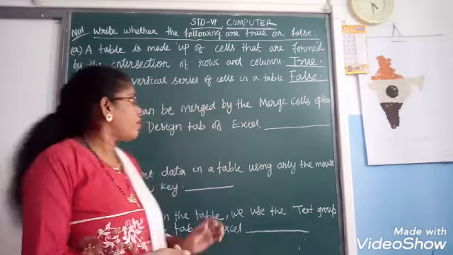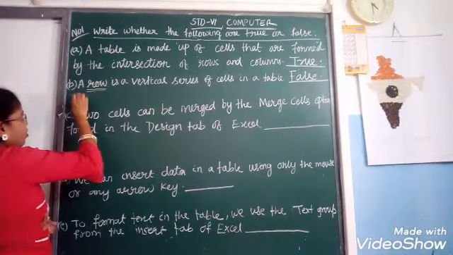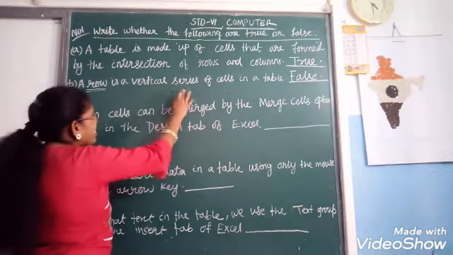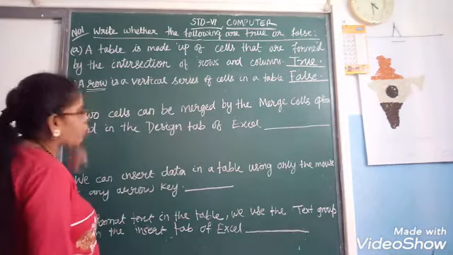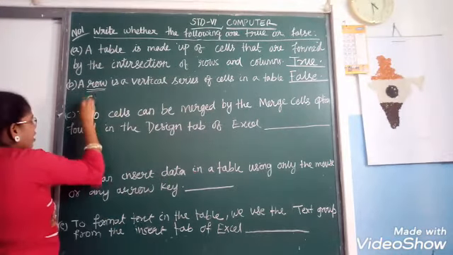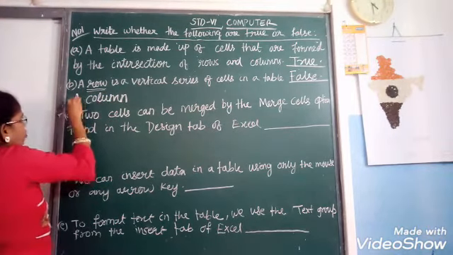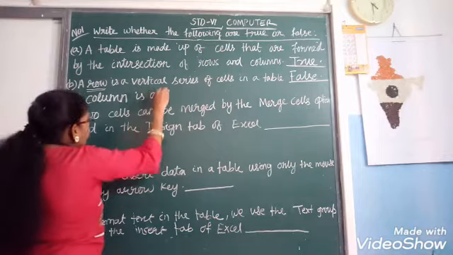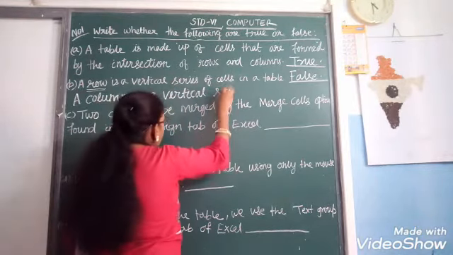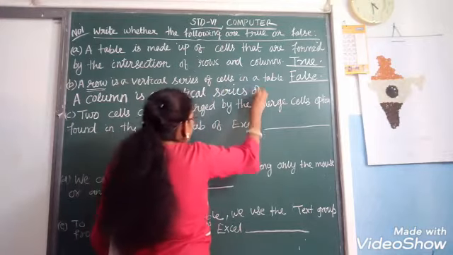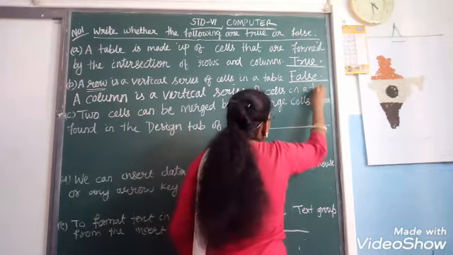The correct answer: instead of row, what can you write? A column. A column is a vertical series of cells in a table.